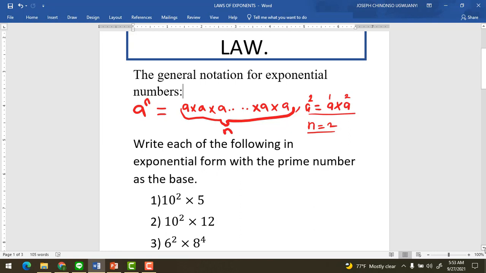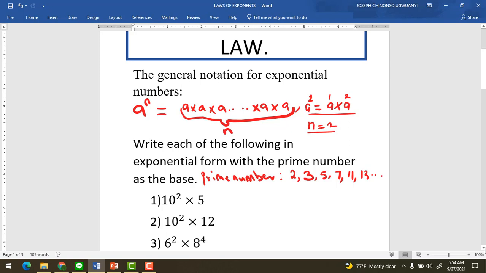So examples of prime numbers: we have 2, 3, 5, 7, 11, 13, and it continues as we go on.